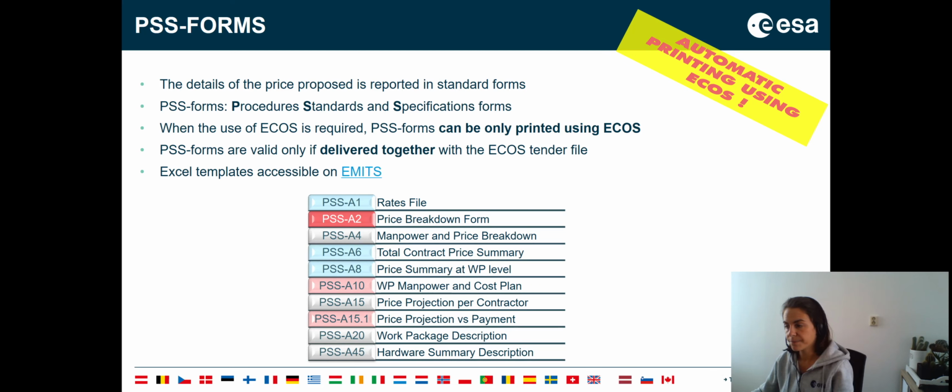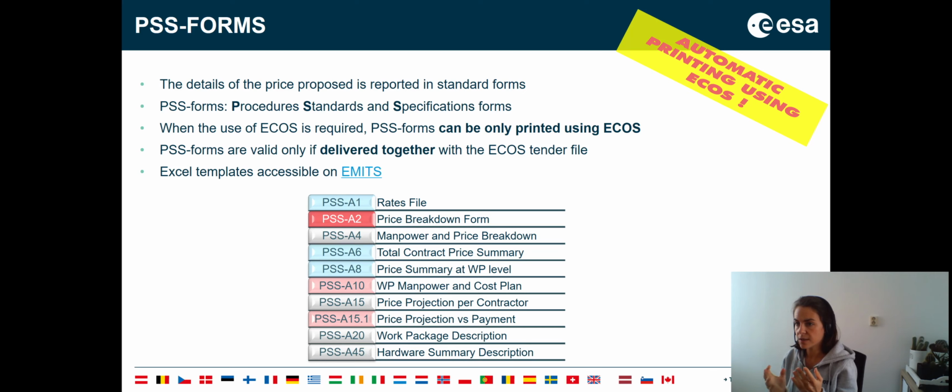So it happens that we receive some macros, some Excel files, some forms that have been rebuilt by industry, but once an ECOS file is required in order to perform the job of financial proposal reporting, we will ask industry to provide the ECOS tender file that was used to produce these forms and the forms themselves.